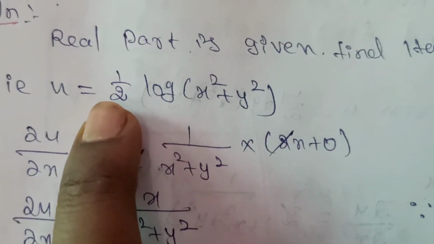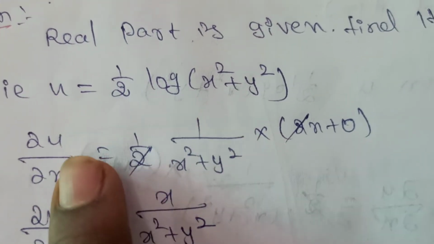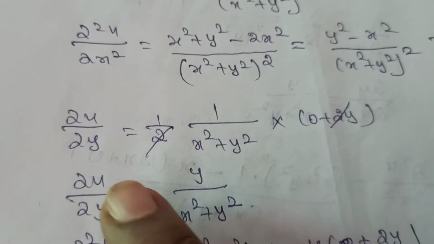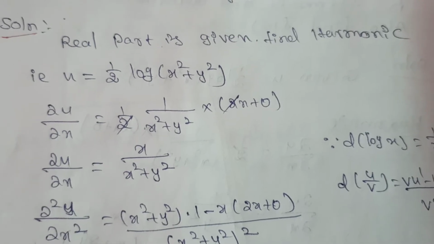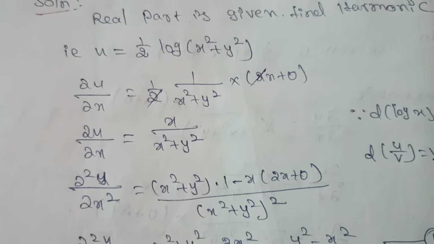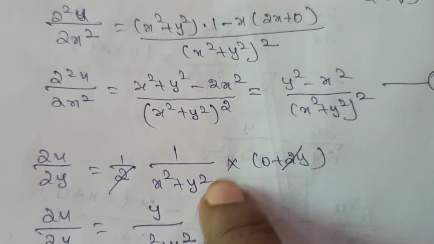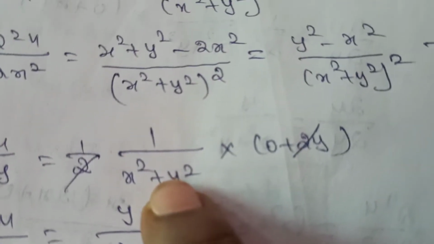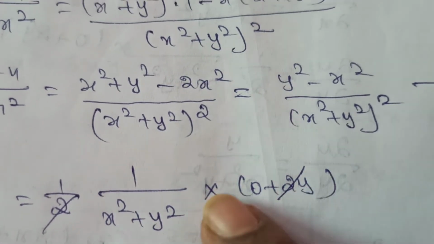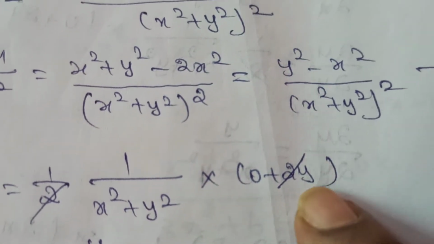In this equation, using partial with respect to y, we can find ∂u/∂y, which is equal to 1/2, a constant taken outside, log of (x² plus y²) differentiated, we can write 1 divided by (x² plus y²) into again the differentiation of this value. Here x² is a constant, so the differentiation of a constant is 0, plus the differentiation of y², we can write 2y.